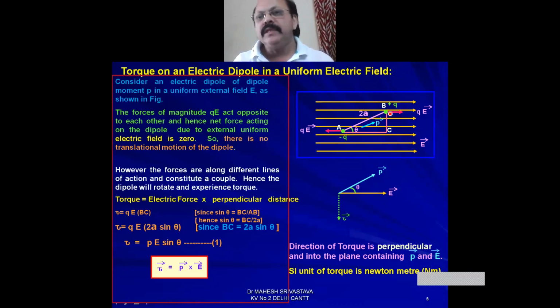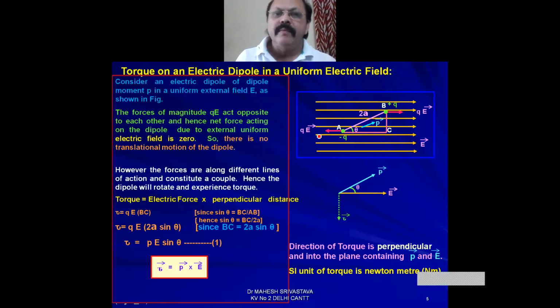Then the force experienced by plus q charge is qE vector, and its direction is along the direction of electric field. Whereas the force experienced by minus q charge is qE vector, whose direction is opposite to the direction of electric field.